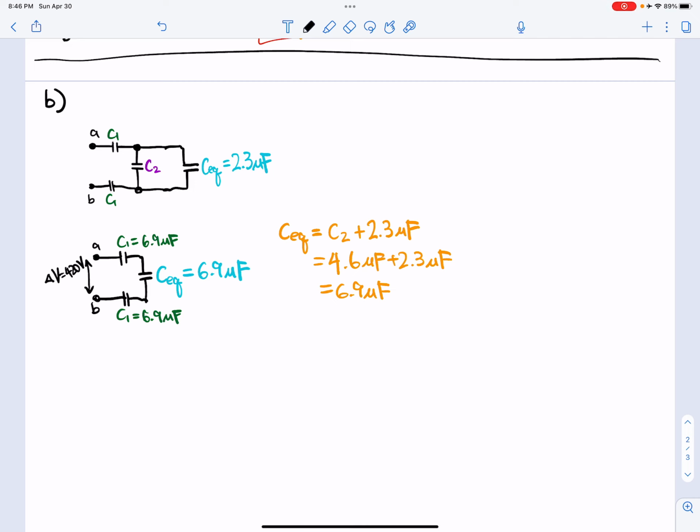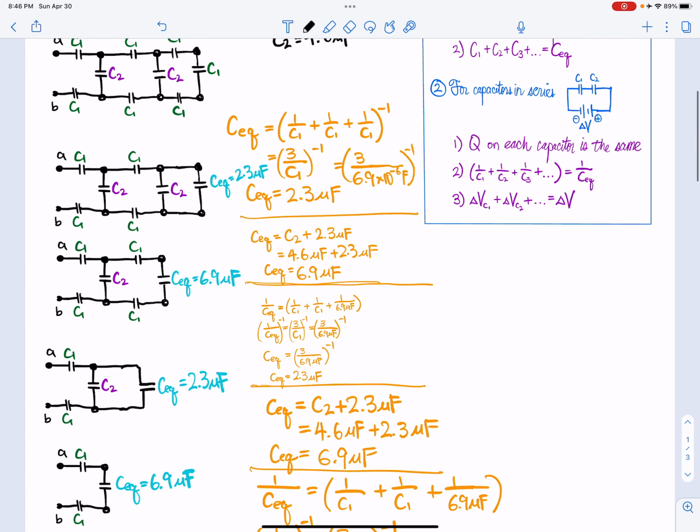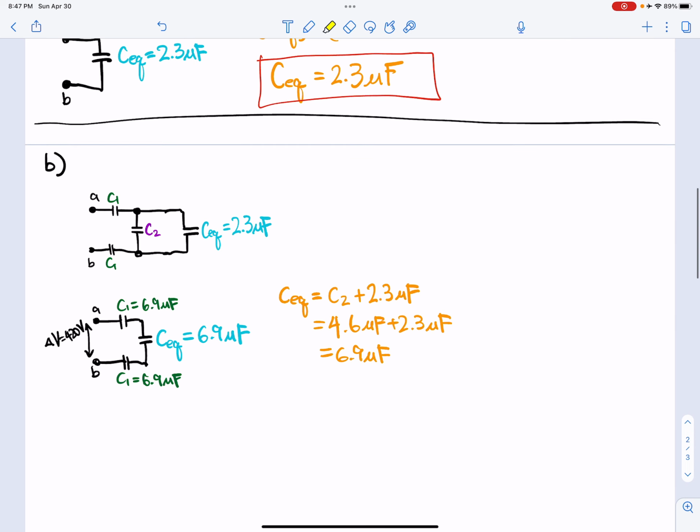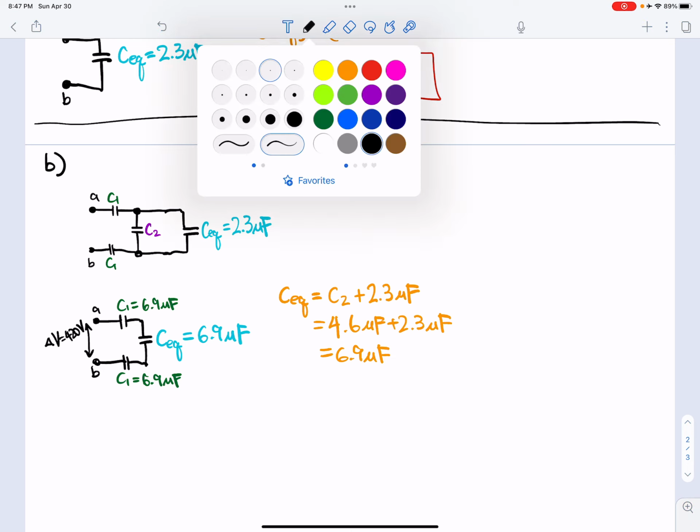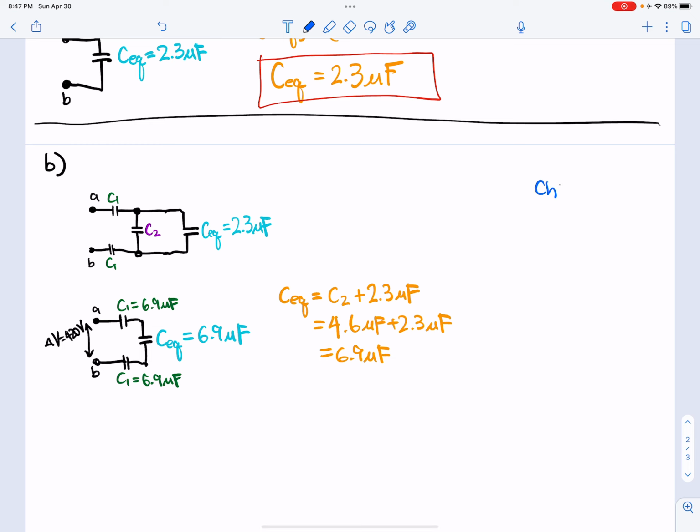So then the sum of the potential difference for each of the capacitors in series is going to give me 420 volts, okay? And recall from chapter 24, section 1, the definition of capacitance is equal to charge over potential difference.